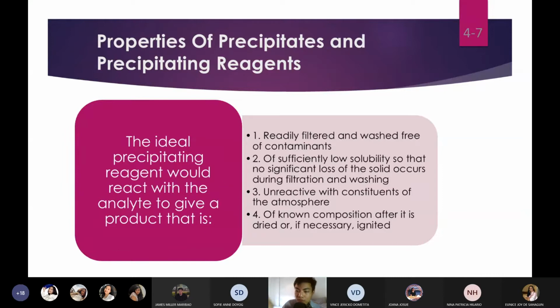So, sa solubility rules, mamimili ka ng ion that is selective towards your cation. Mamimili ka ng ion that will precipitate with one metal ion only. Kasi if it reacts with other ions, pangit 'yon. Ayaw mo lahat na lang nire-reactan niya kasi mahihirapan ka later on.